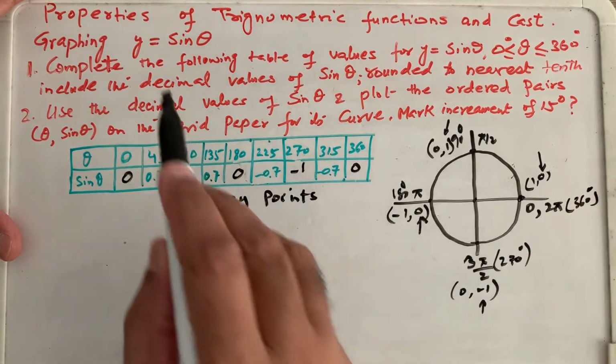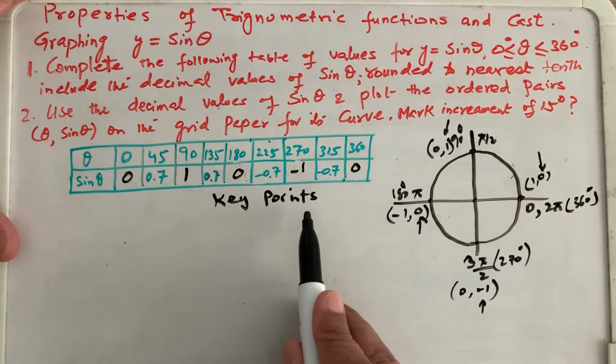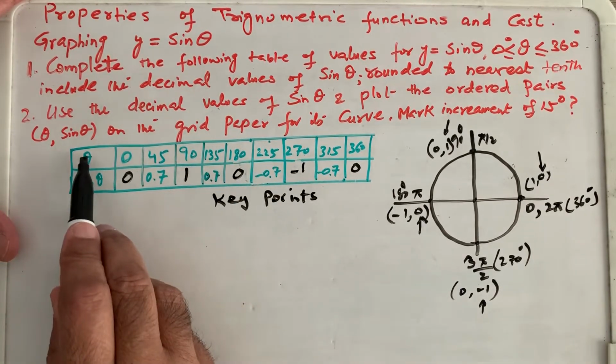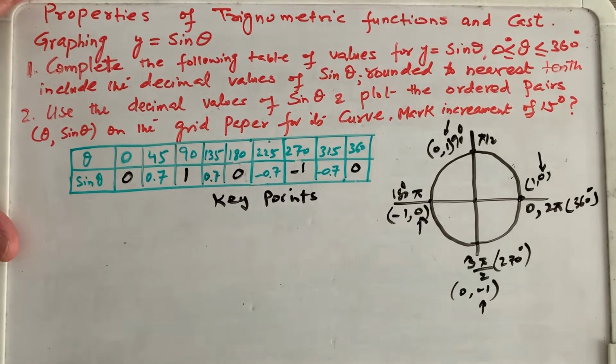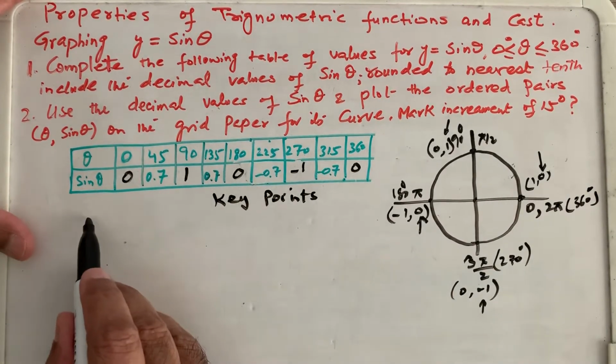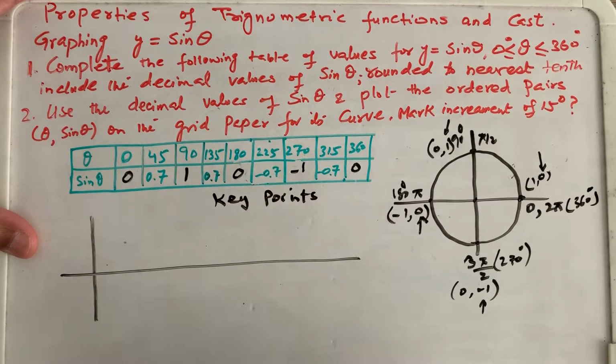So while drawing the graph of sine theta, we have the values of the key points. We have our table of theta and sine theta. If we have theta and sine theta values, we can draw these points easily. I am taking it as a rough graph, but you can draw it on grid paper.